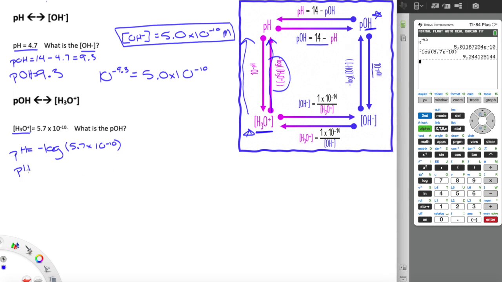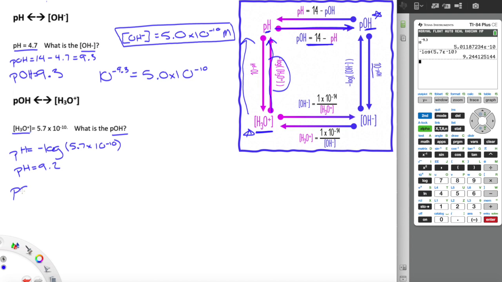So my pH here is 9.2, and it's asking for pOH, so all I have to do is go from pH to pOH. I'm following this arrow right here, and that means I'm going to use this equation down here.